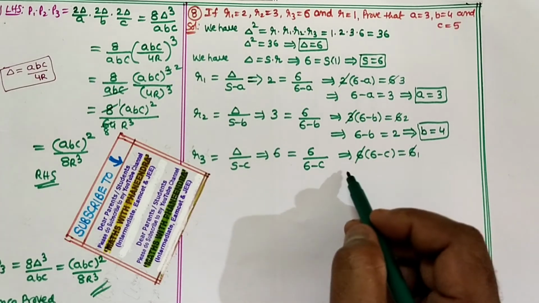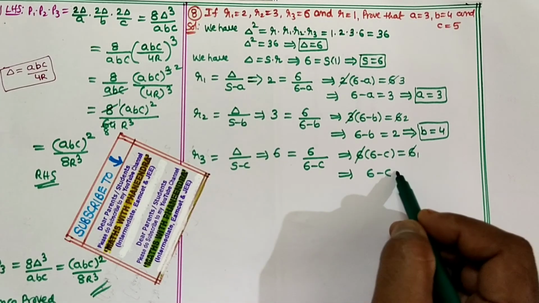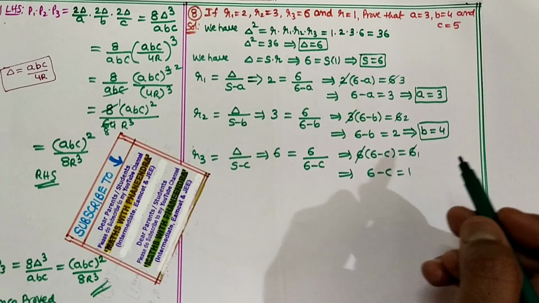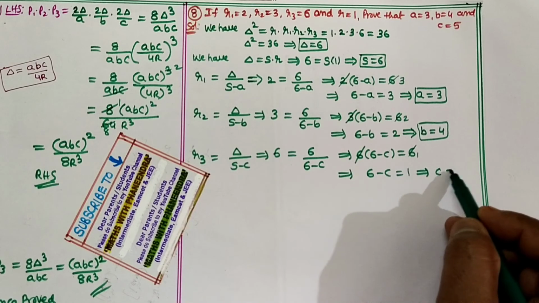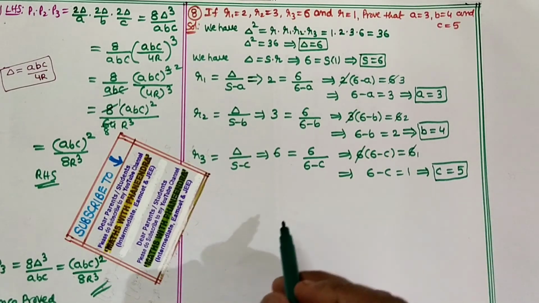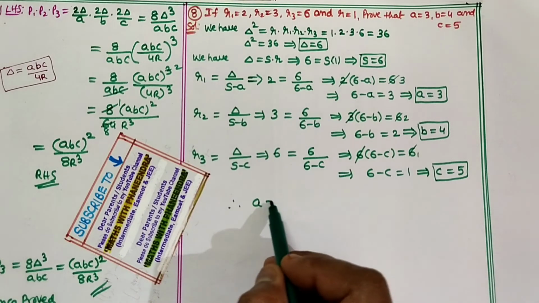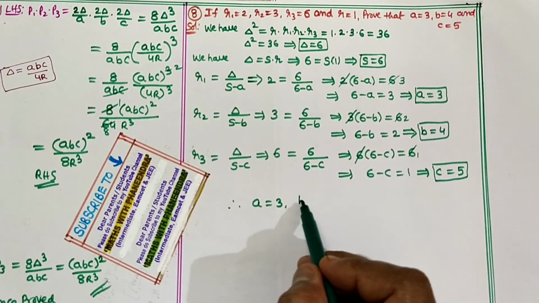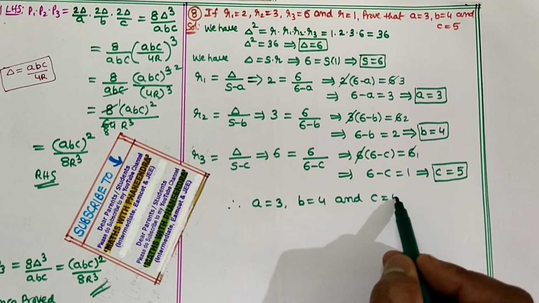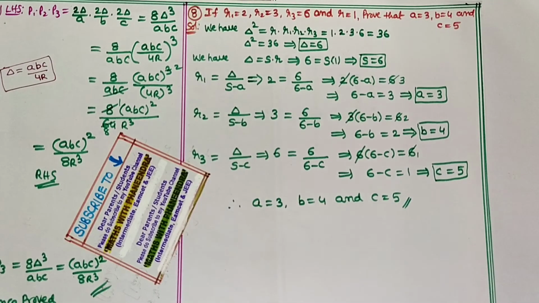Here 1 will be there. So 6 minus C is equal to 1. 1 we are taking into the LHS and minus C we are taking into the RHS. So C value will become 5. Therefore, the values are A is equal to 3, B is equal to 4 and C is equal to 5. Hence we got these results.